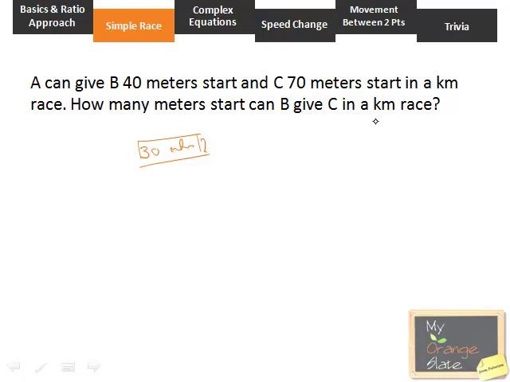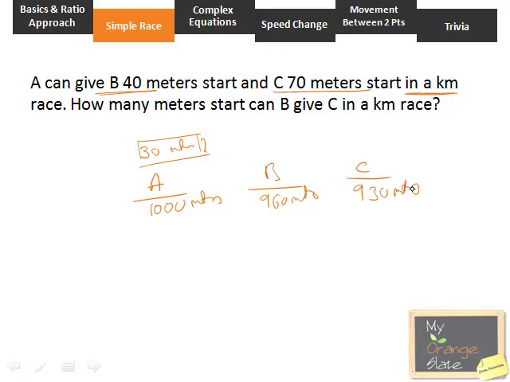What you can see here is in a kilometer race, they race for 1000 meters. And if A gives B 40 meters start, when A runs 1000 meters, B runs 960 meters. And A can give C 70 meters start, so C runs 930 meters.